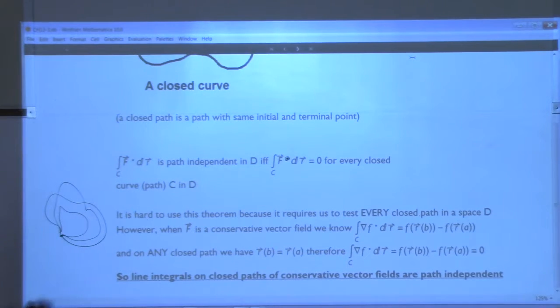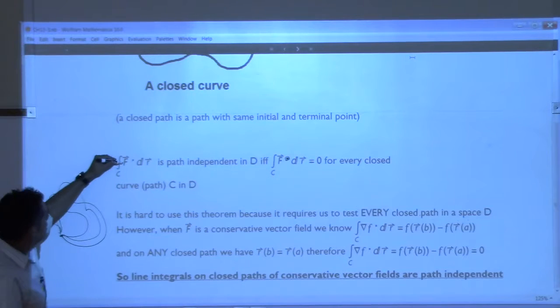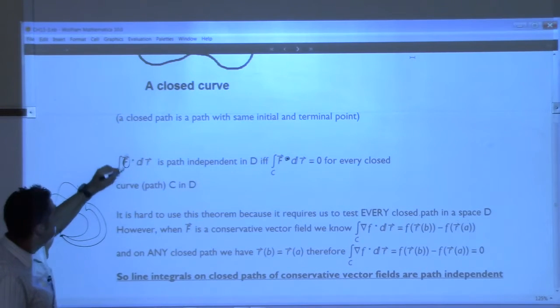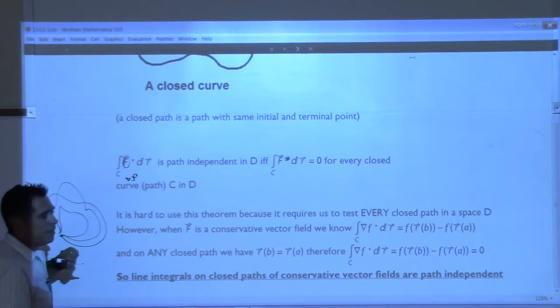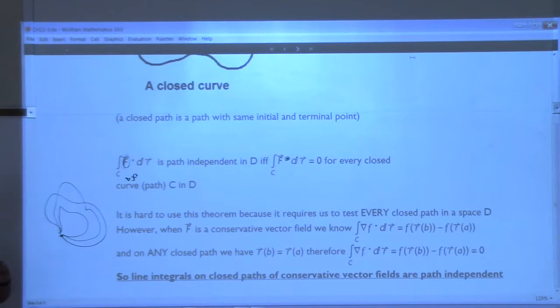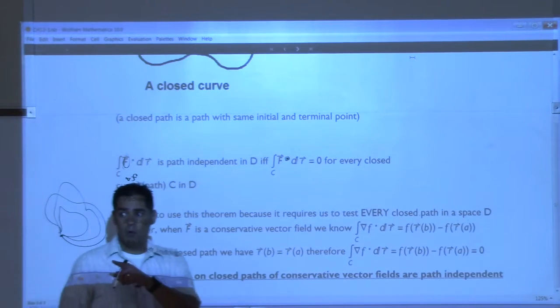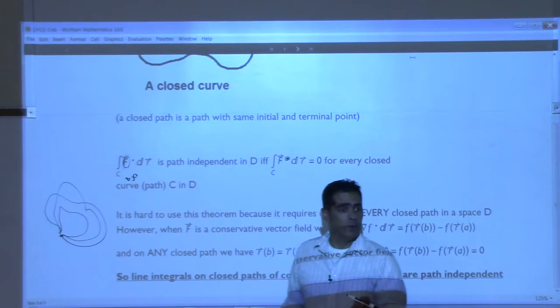But if this is conservative, if that is the gradient of some scalar function, then what can you tell me about the value on any closed curve? Same, but more than the same, it's going to be 0, right?